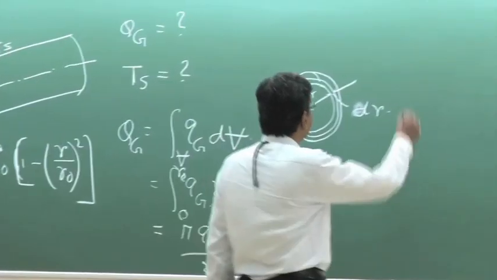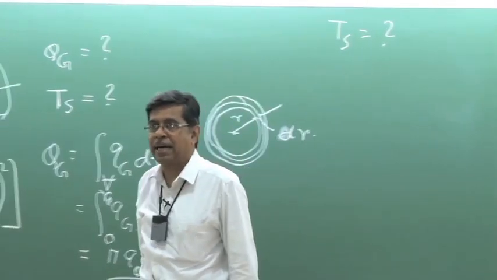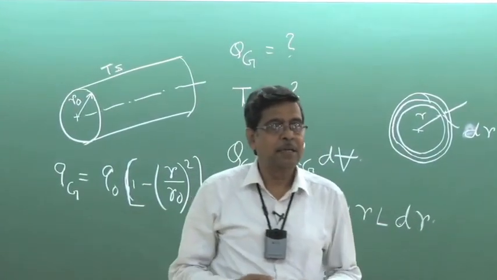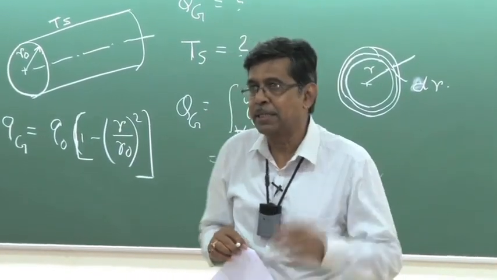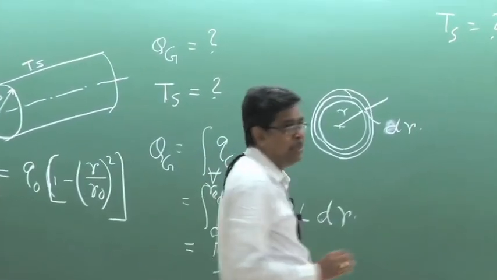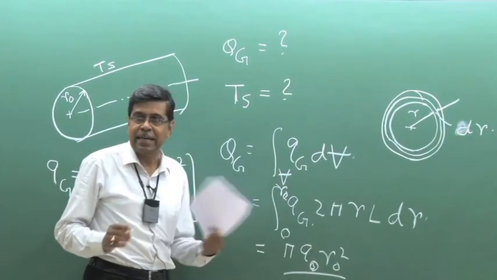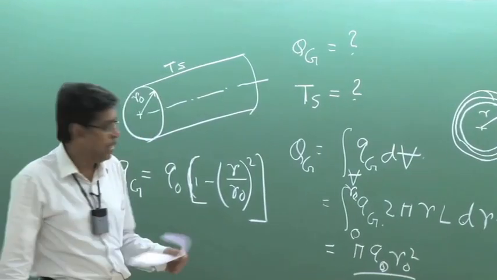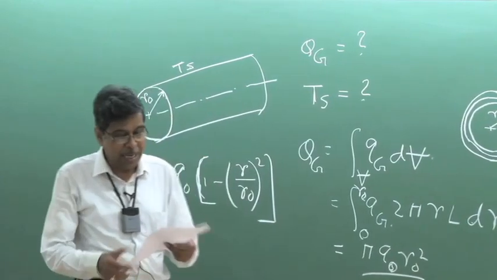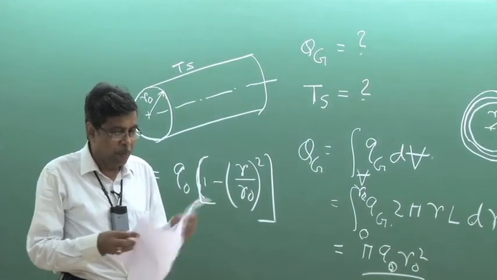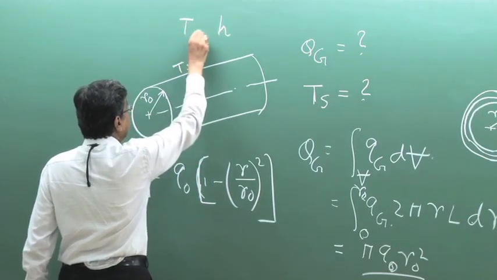But what is the Ts? Now to find the Ts expression, the surface temperature, you have to apply certain intelligence, because we don't always want a routine approach where we find the temperature distribution. Heat generation is not required. Simply the gross energy balance: the total thermal energy which is being generated must go out from the surface, because the problem is prescribed by a heat transfer coefficient h and a T infinity.